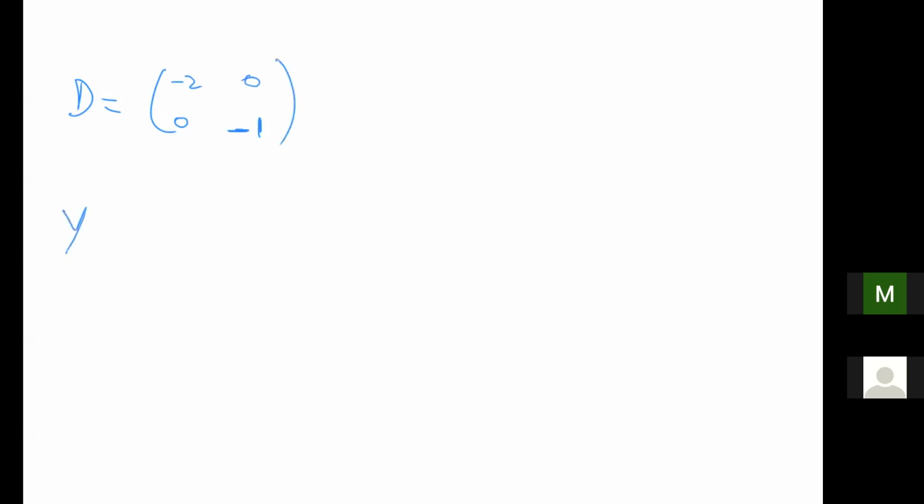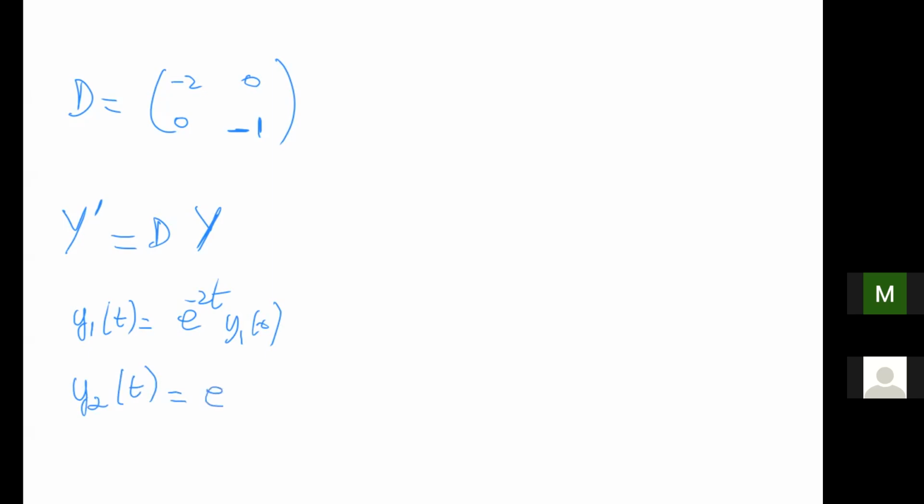And so I can easily compute the solutions of y prime equals Dy. Here I can see that y1 of t equals y2 of t squared.